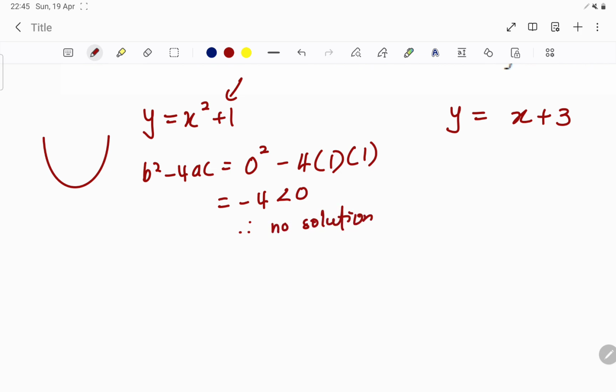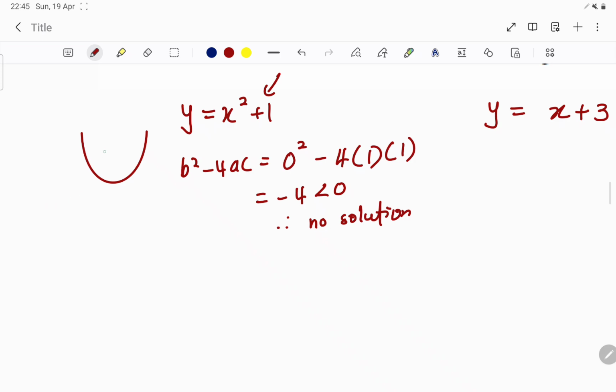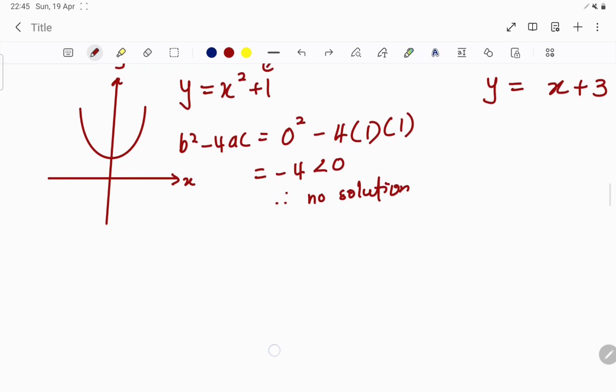So in the graph, when they say no solution, even though it is a smiley graph, it will be like this. This is your x-axis, and y like this. Then if you check here, we have plus 1. This plus 1 is actually the y-intercept. Why? Because to find the y-intercept, you let x equal to 0.